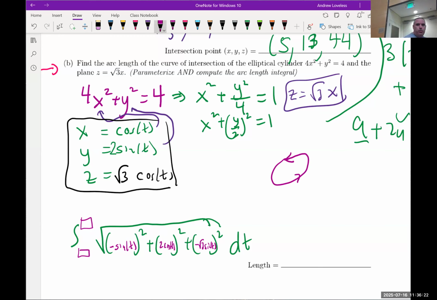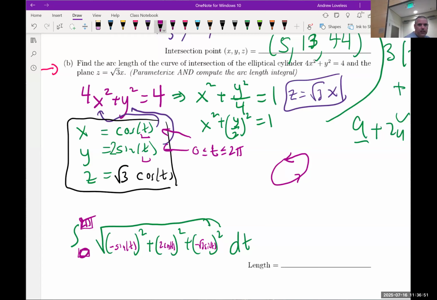It's a closed loop. So the question is, when you use a circular parameterization, when you made these choices here, you decided what your bounds would be. So for a circle, how long does it take to go all the way around? 2 pi. So for a circular parameterization where you use a t here, it's going to go all the way around from 0 to 2 pi.